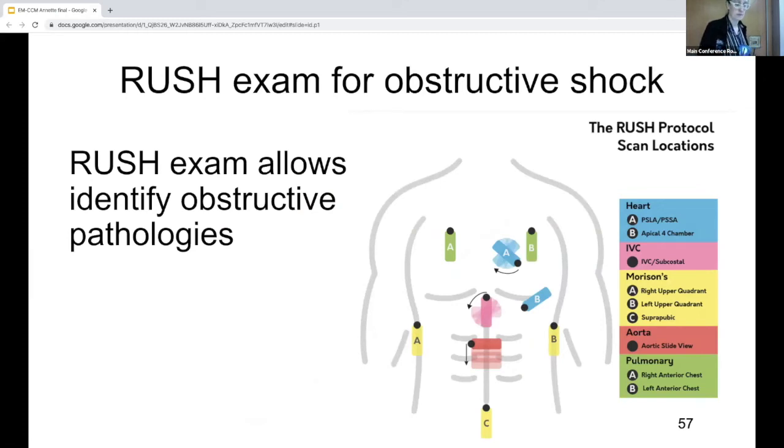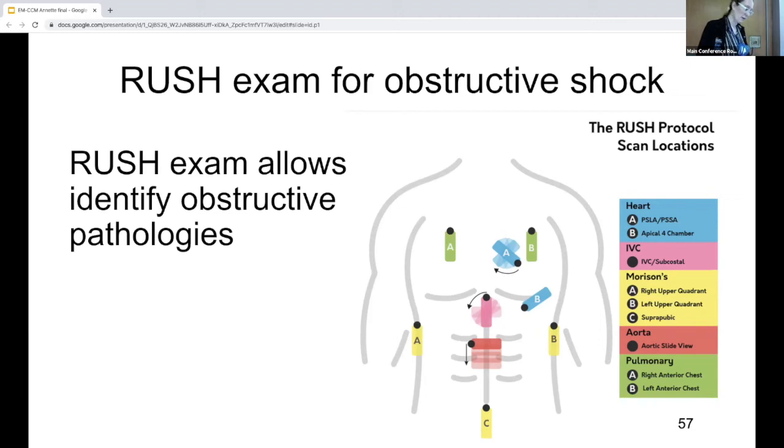Ideally, every patient in obstructive shock or about to be intubated should get a POCUS. A RUSH exam is normally the way to go, so you can identify the potential causes. You can identify if there's a pneumothorax, if there's a pericardial tamponade, or you can identify other signs for massive PE.